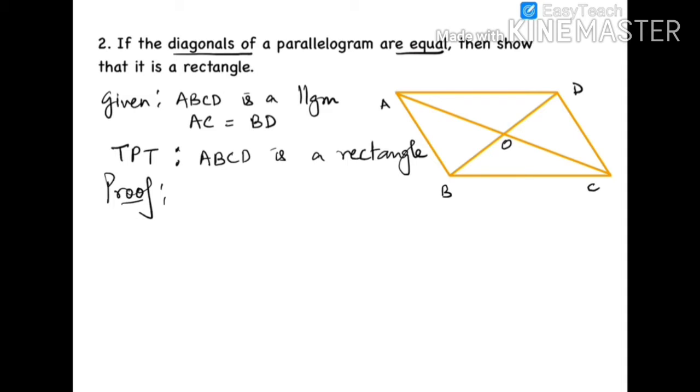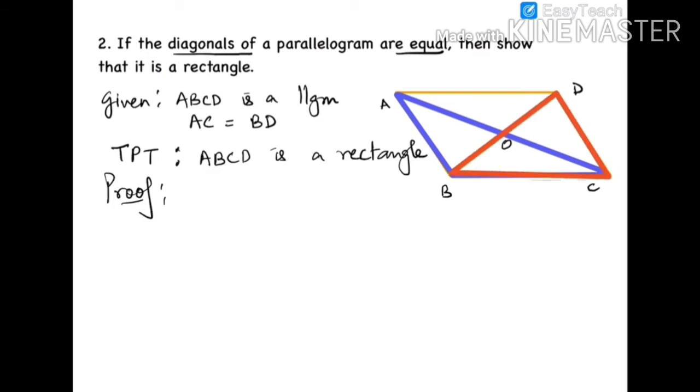So to do that, we are going to show two triangles congruent. The two triangles that we are going to show congruent are triangle ABC and triangle BDC.